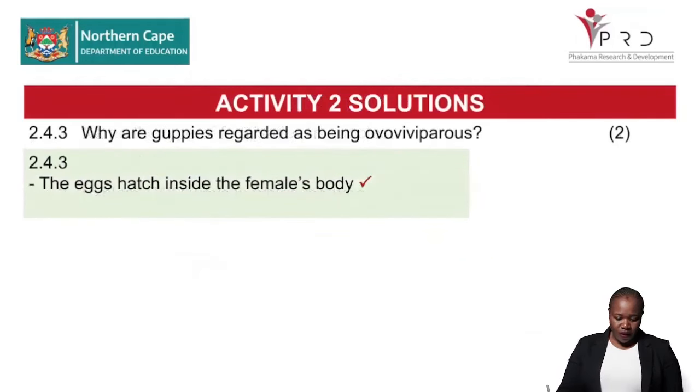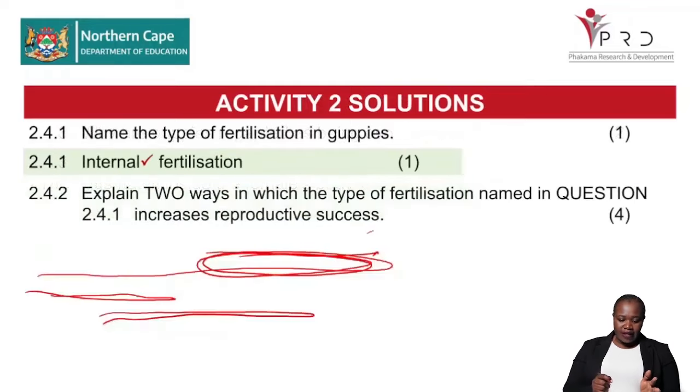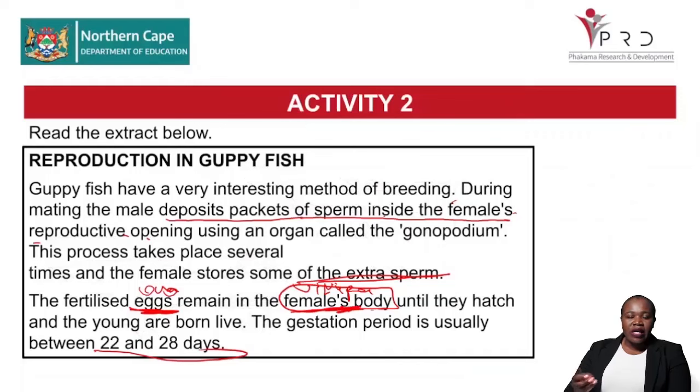Right. The next one, why are the guppies regarded as ovoviviparous? We've already sort of looked at this. Remember, I said as you read, you make sense of what you're reading. The fertilized eggs, once you talk about eggs, ovipary, ovo, remain in the female's body, vivipary.